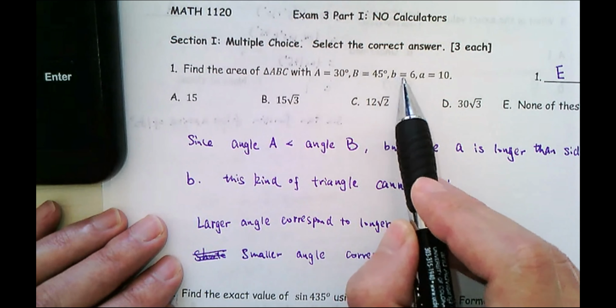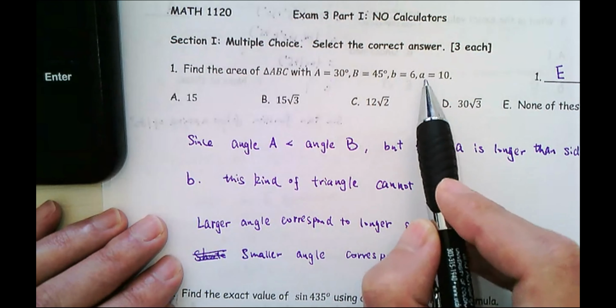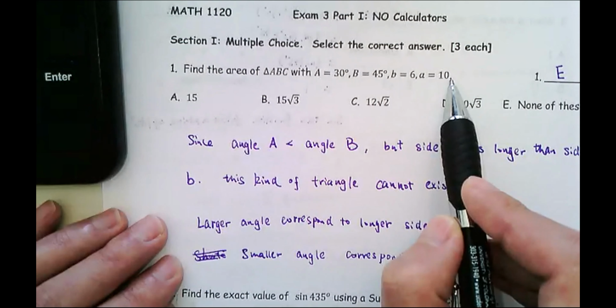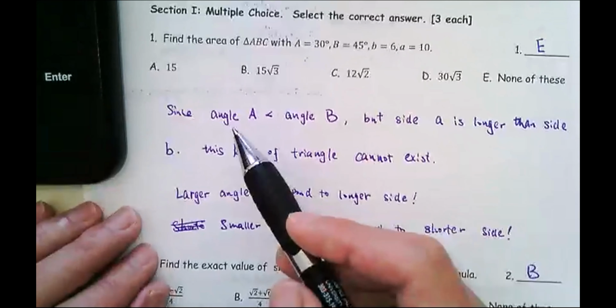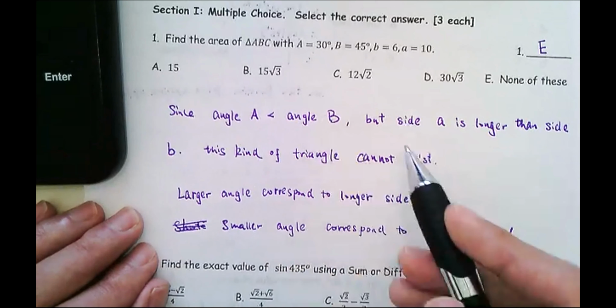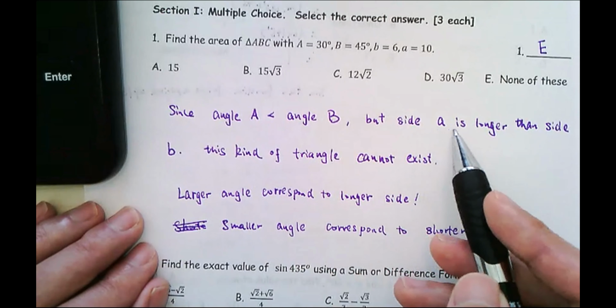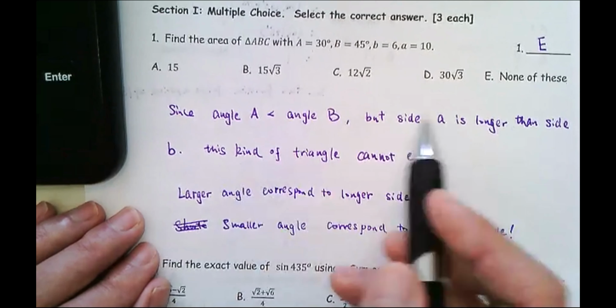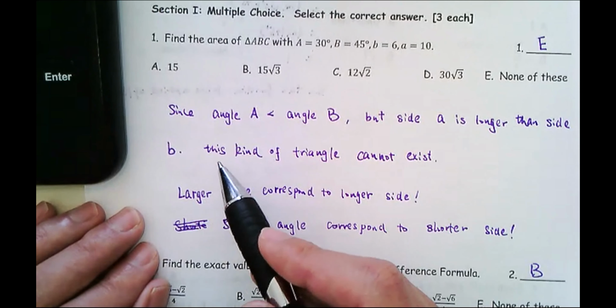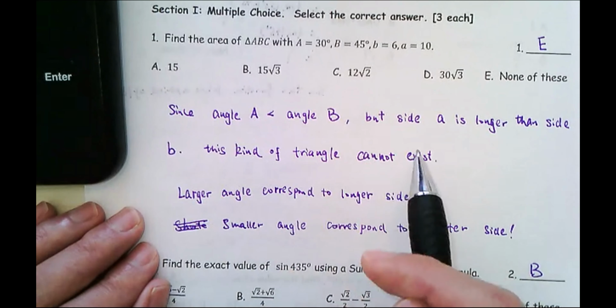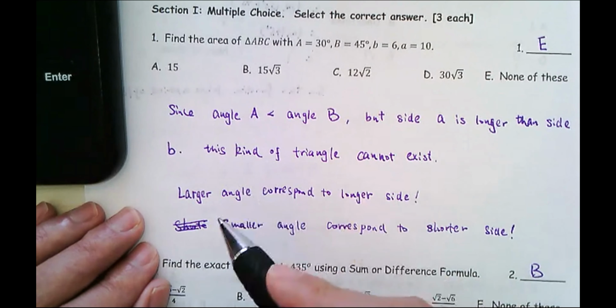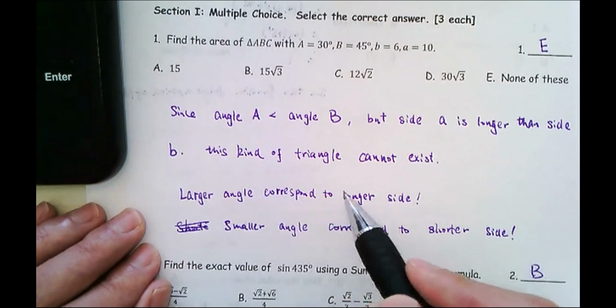Side B has length 6, side A has length 10. Since angle A is smaller than angle B, but side A is longer than side B, this kind of triangle cannot exist. Okay, larger angle corresponds to longer side.